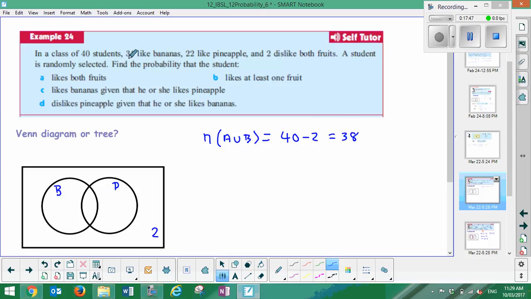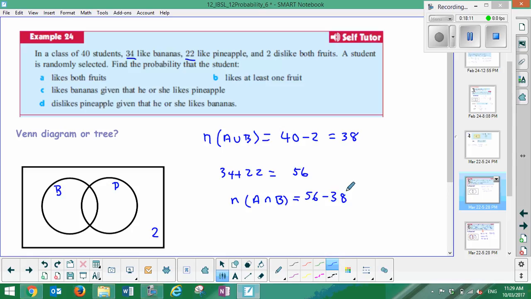But we've already got 34 plus 22, which equals 56. So what overlap have we got? The number in A and B must be 56 minus 38.